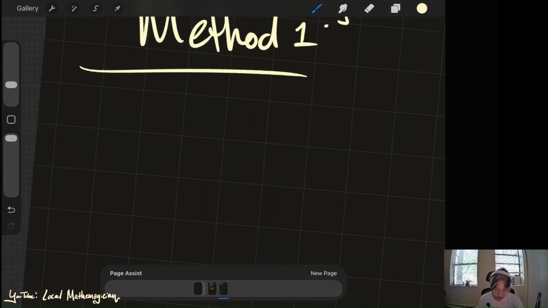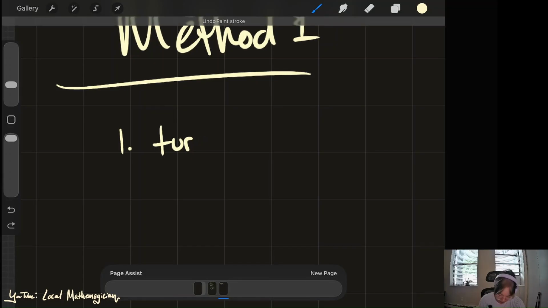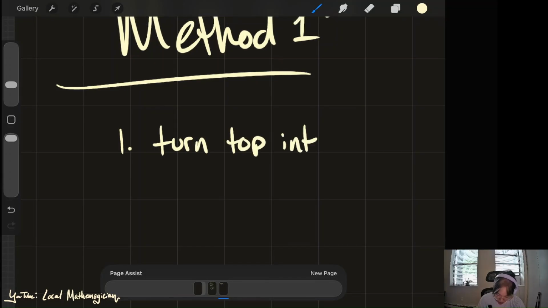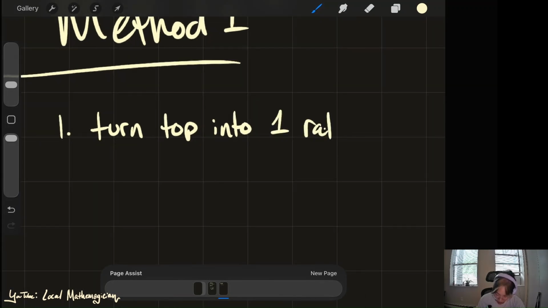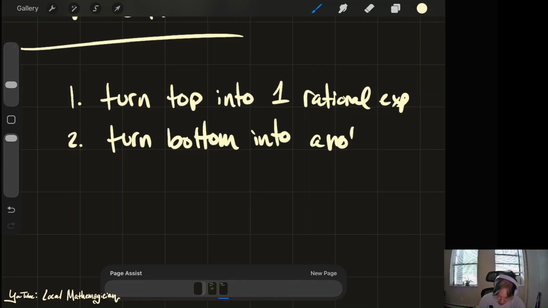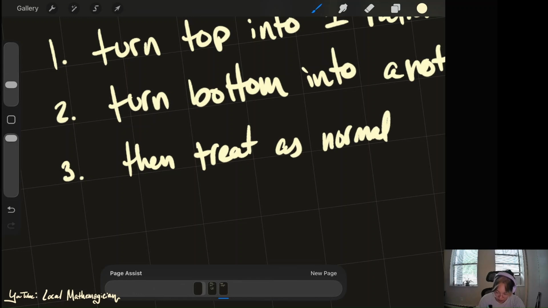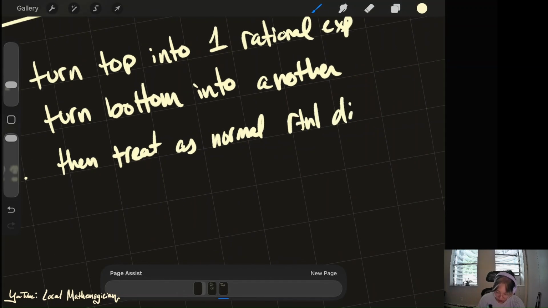The first method is turn the top into one rational expression, turn the bottom into another, combine like terms, then treat as normal rational division.